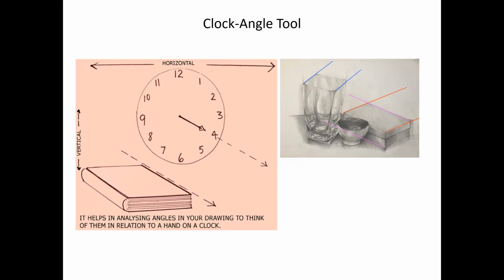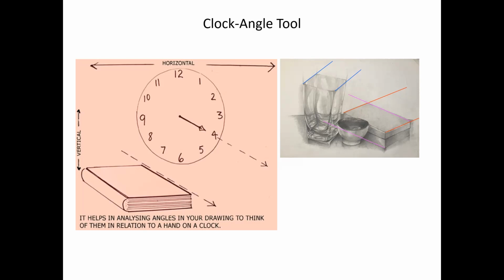I'm rotating it to try to match the same line that the book rests on, and I can see that that line is at 4 o'clock on the clock. So when I draw it, I can do the same thing. I can envision a clock and draw it at 4. That way you're capturing the most effective angle.